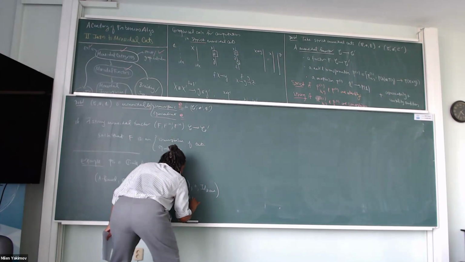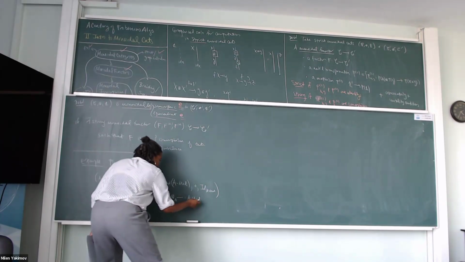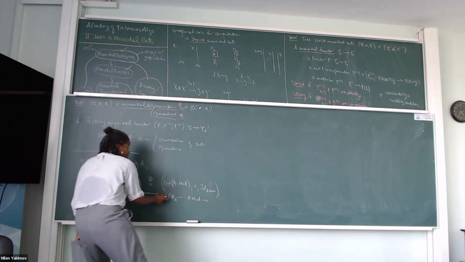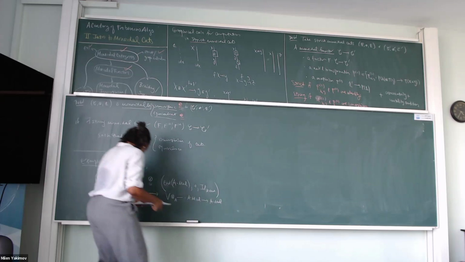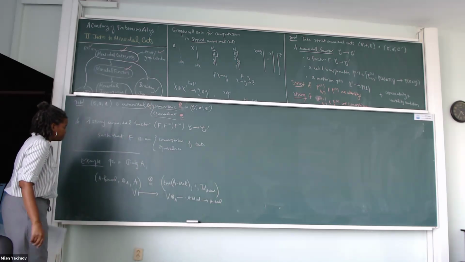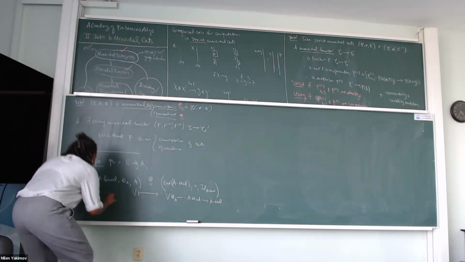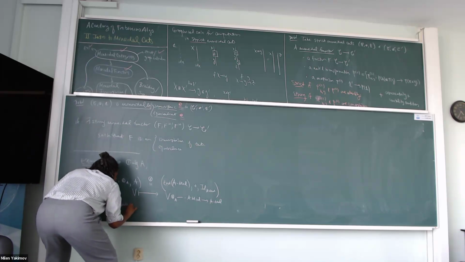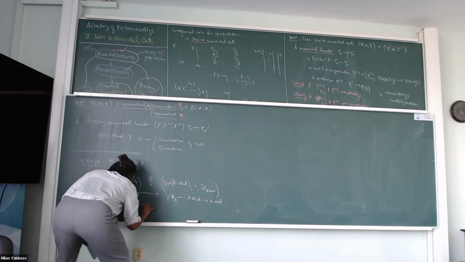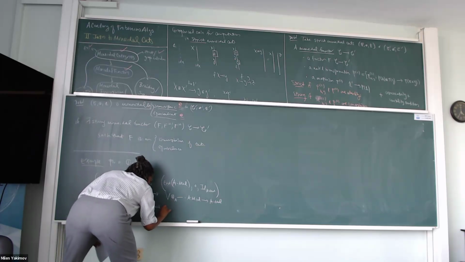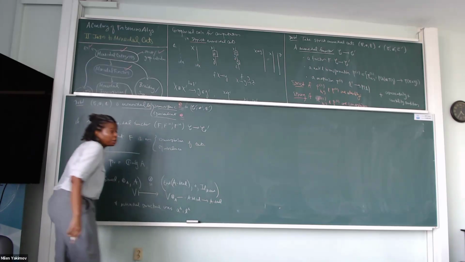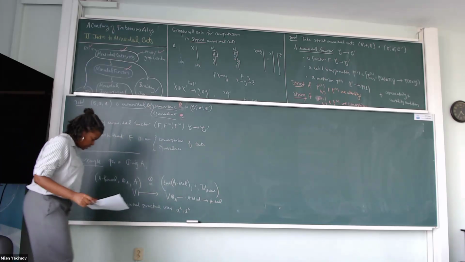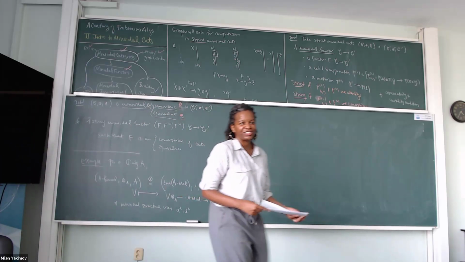So this is the endofunctor that takes in an A module, because this is a bimodule, and spits out an A module. Right. And the monoidal structure uses associativity and unitality in a very natural way. Okay, are there any questions?